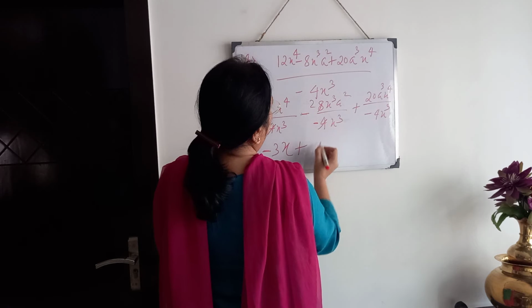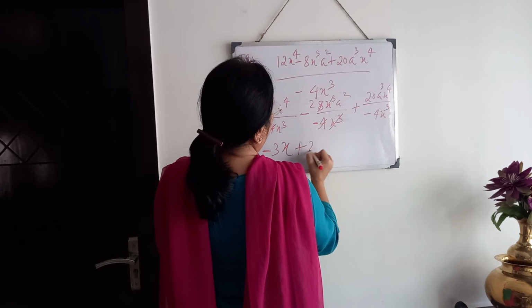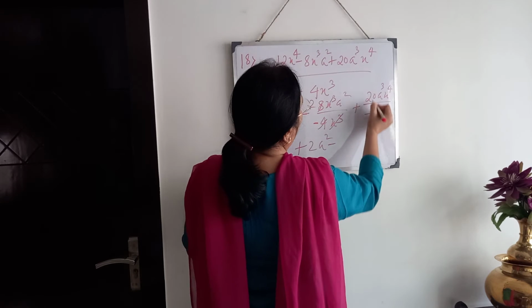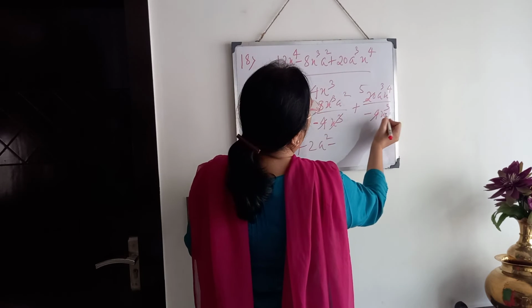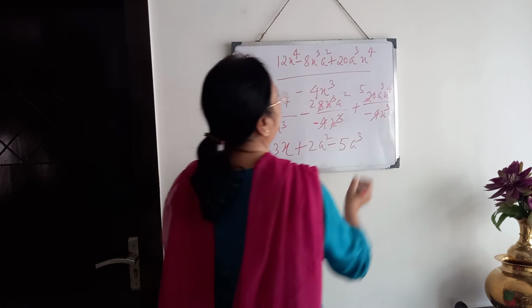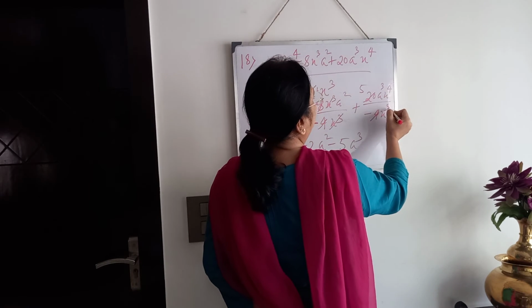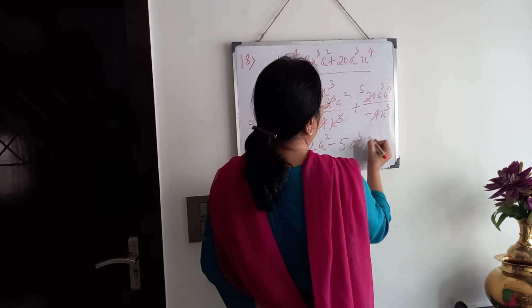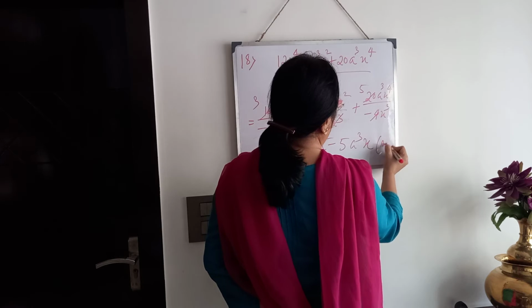And here now x cube will be cancelled out. So 2a square plus minus. 4 5s are 20. Okay, 5. Now see a cube. Now here power of x is 4. Here power of x is 3. So it will be subtracted. 4 minus 3, 1. So this is your answer.